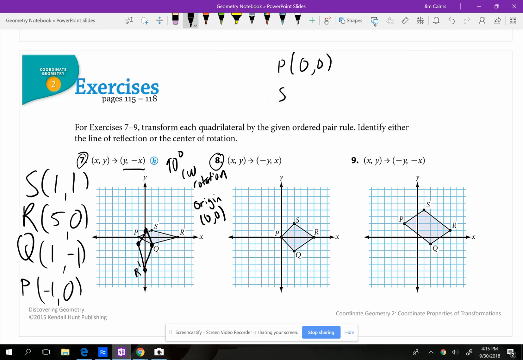And then S, 2, 2, R, 5, 0, and Q. Okay. So switch the x and the y, make the new x negative. So it's still 0, 0.